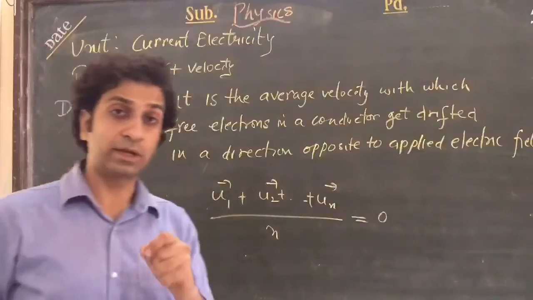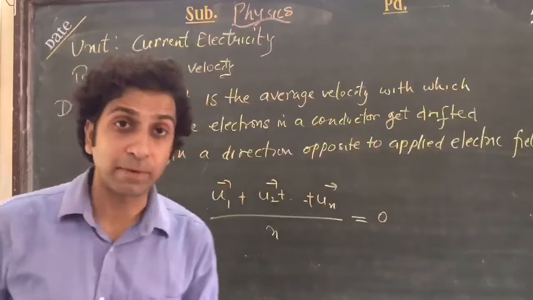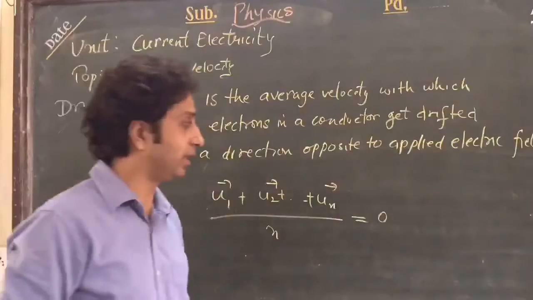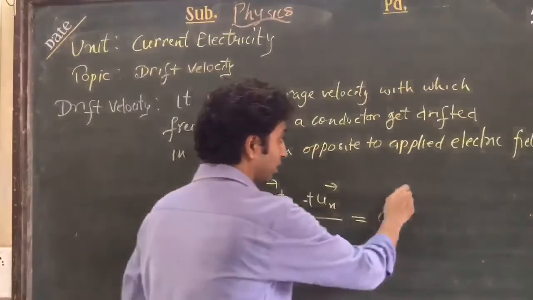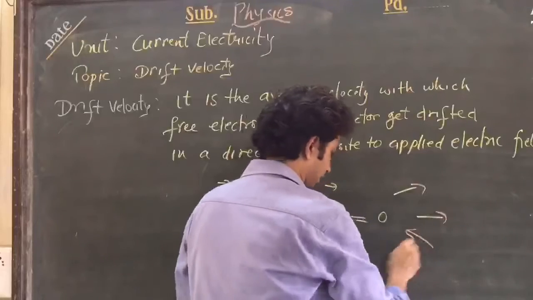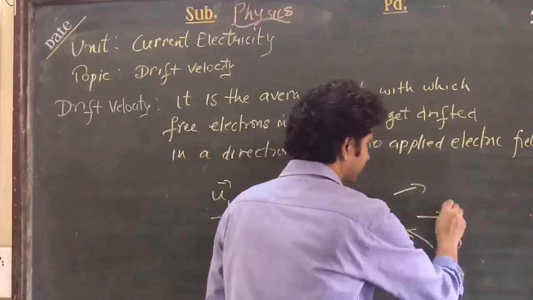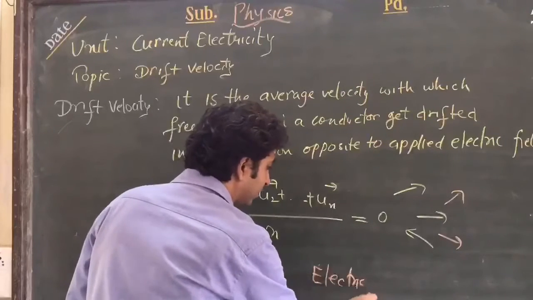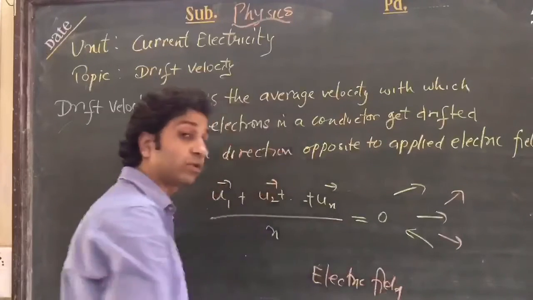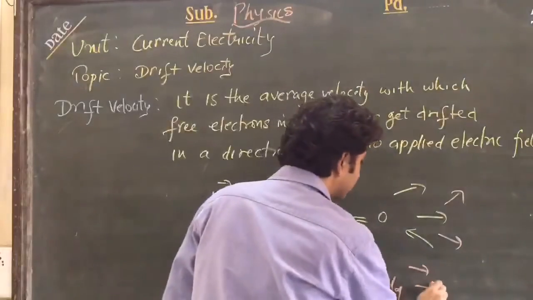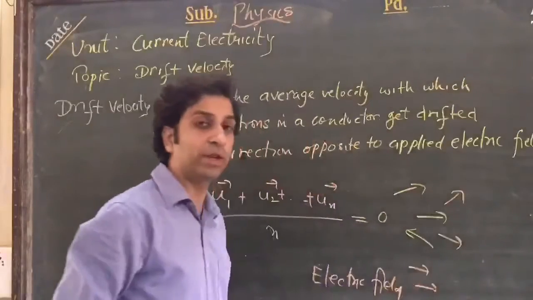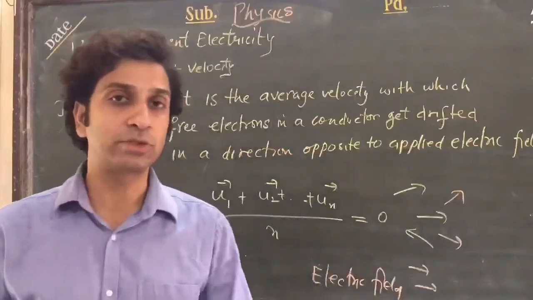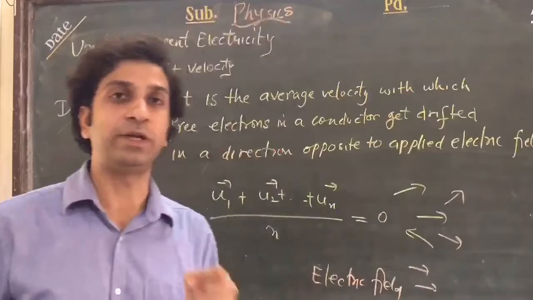But now, what is going to happen when we apply the electric field? Initially all the electrons are moving in random directions, but as soon as we apply the electric field, all electrons start moving in a particular direction, opposite to the direction of the electric field.